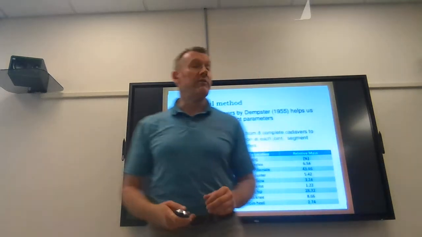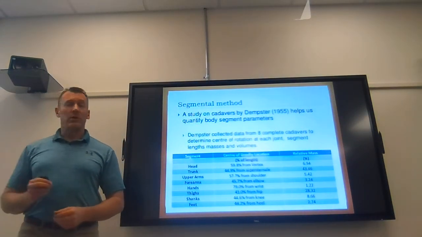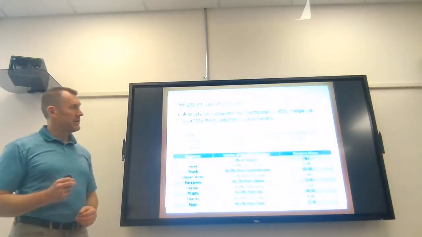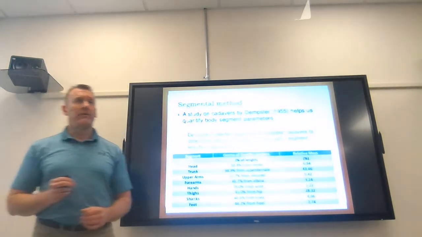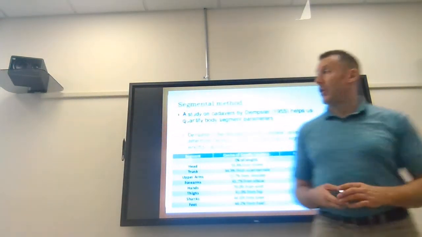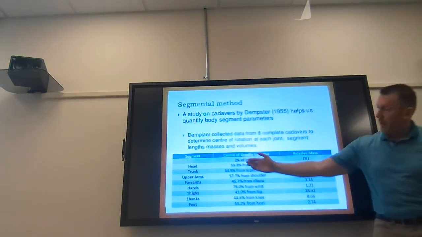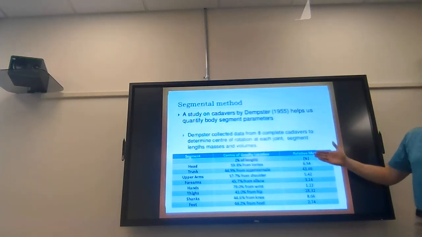So in 1955, Dempster did a study to determine the individual locations of center of mass or center of gravity for different segments of the body. From his findings, you can see here for the head, the relative mass.